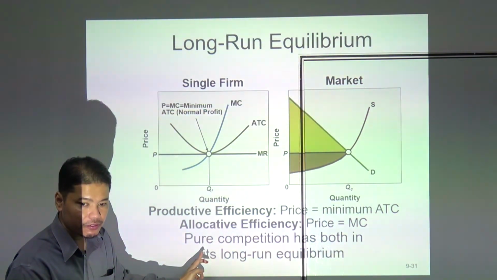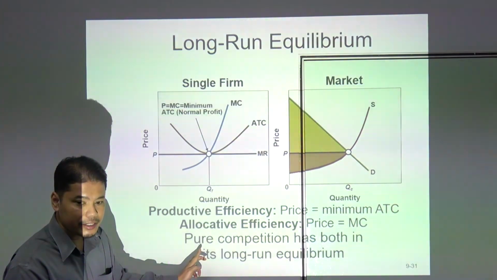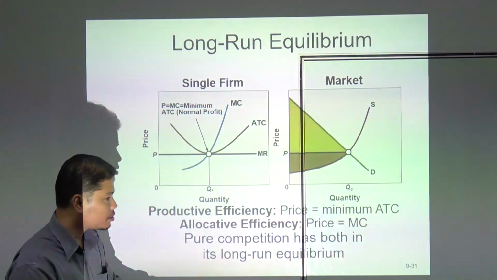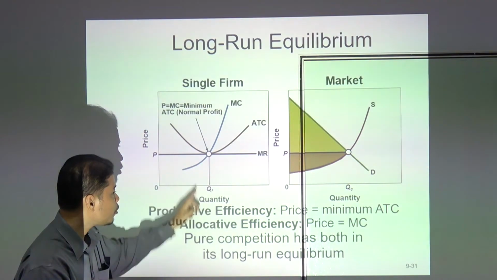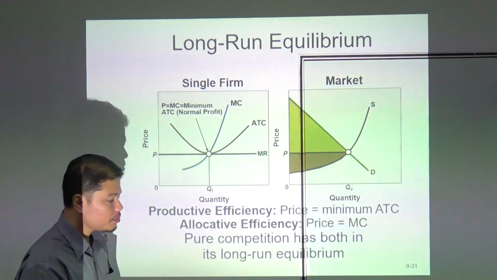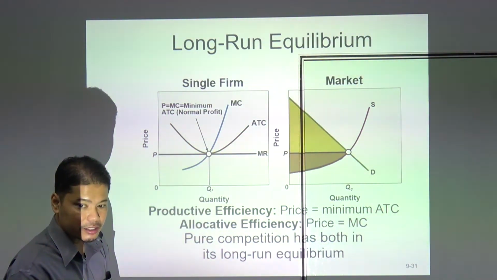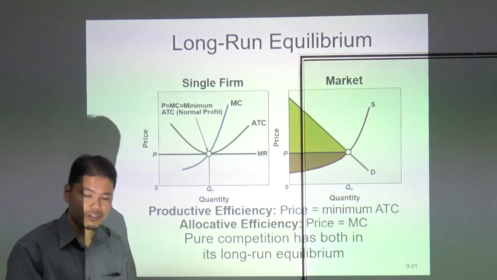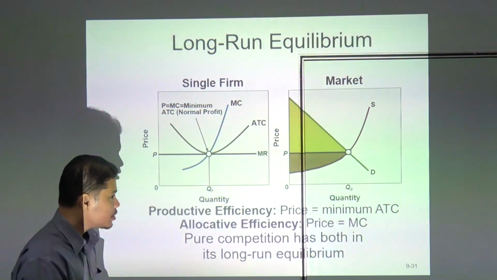Productive efficiency means that the firm is producing at the least cost possible. Since the firm is producing at the minimum point of ATC here, it is producing at the least cost possible, and therefore productive efficiency is achieved.